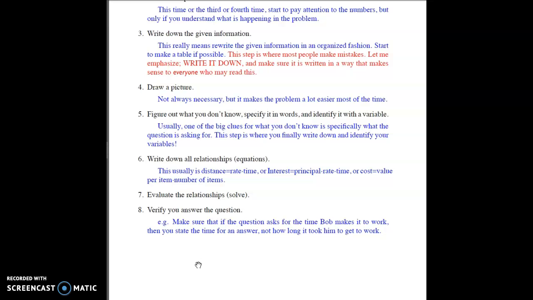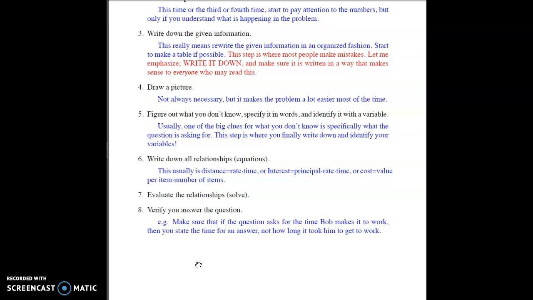Also, go back and look to see where the question mark is and what exactly it was that they were asking for. If they're asking how long it takes for Bob to get to work, versus the time that Bob makes it to work, see, reading is very important. Those are 2 different answers to 2 different questions.